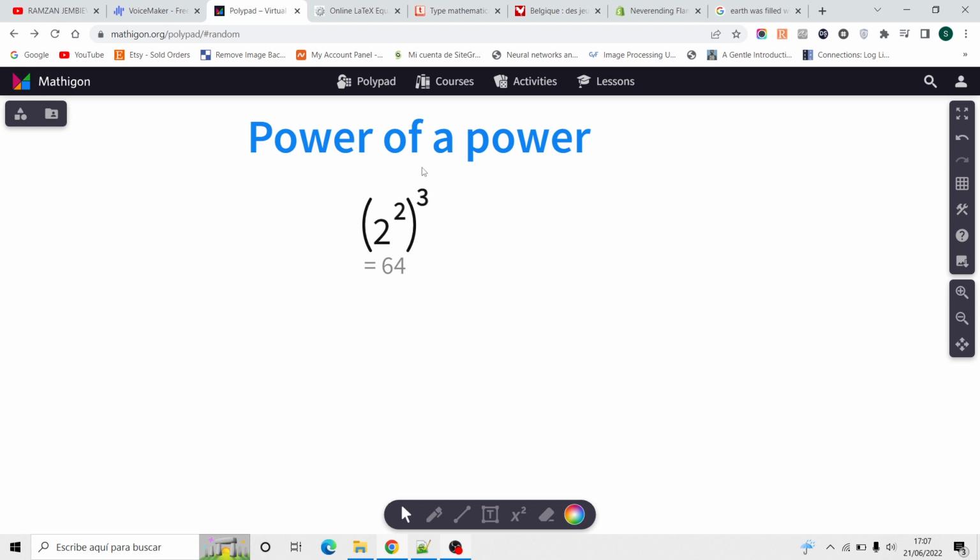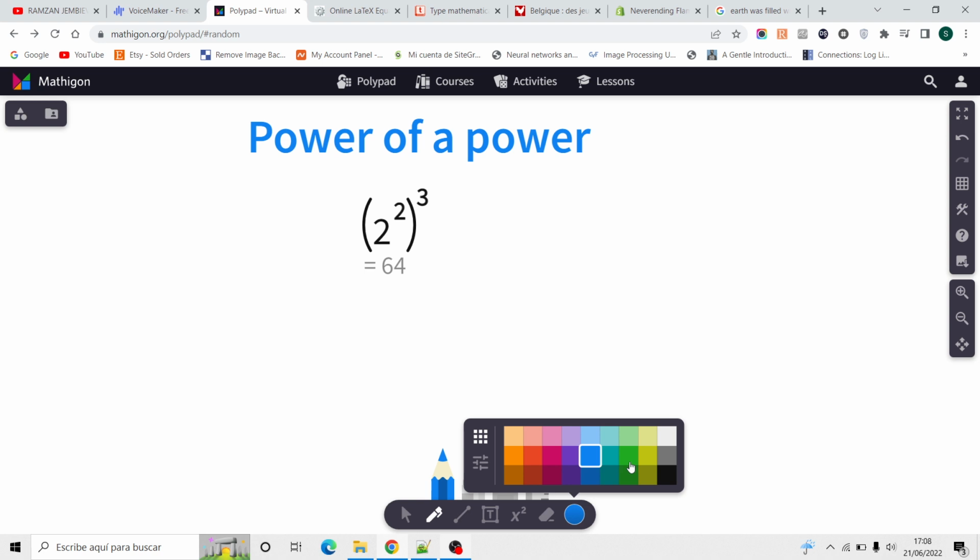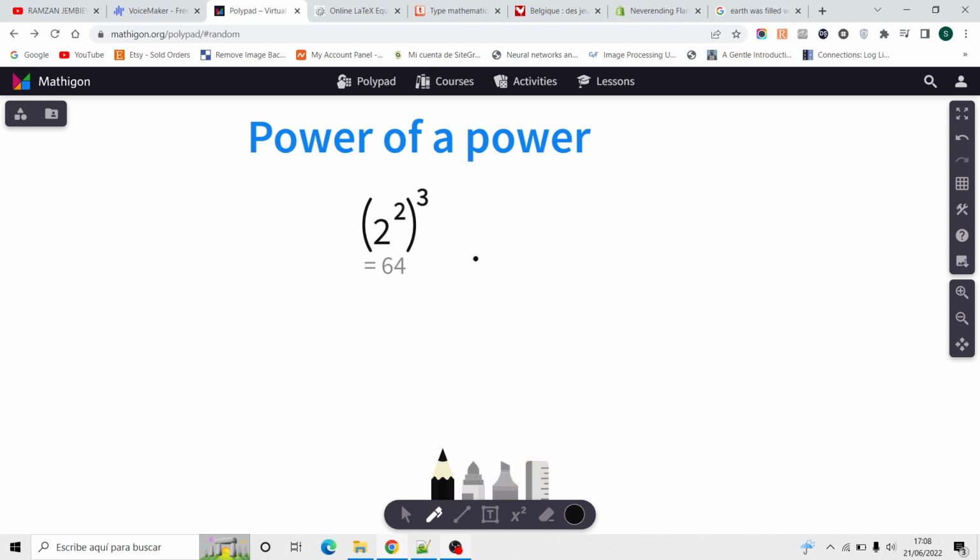Okay. So here when you have this type of powers, what you do is that you multiply the exponent.